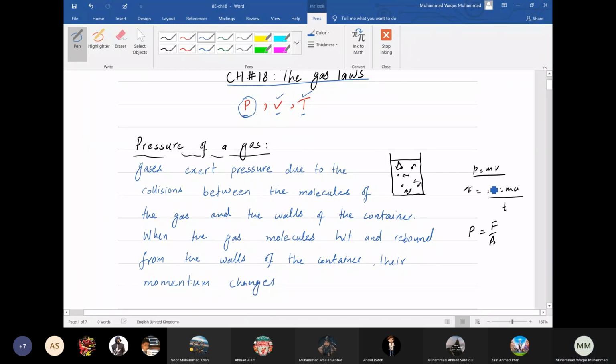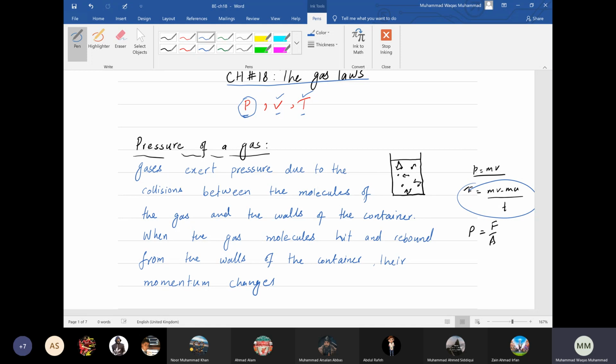Okay, and beta, as their momentum changes, we know that rate of change of momentum is equal to force, right?